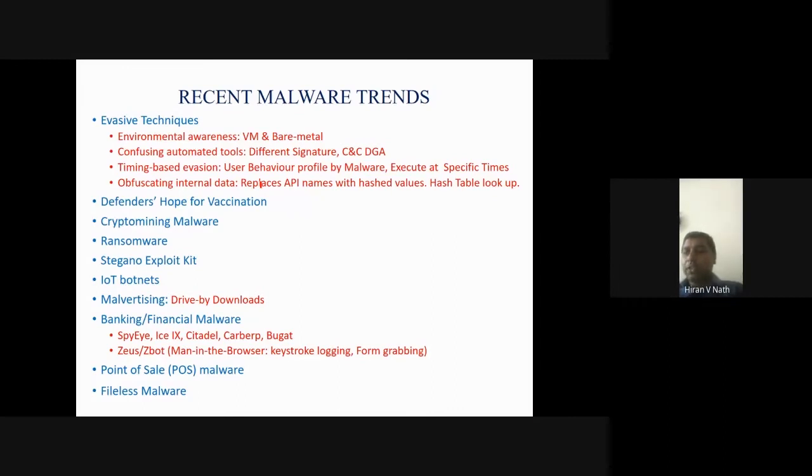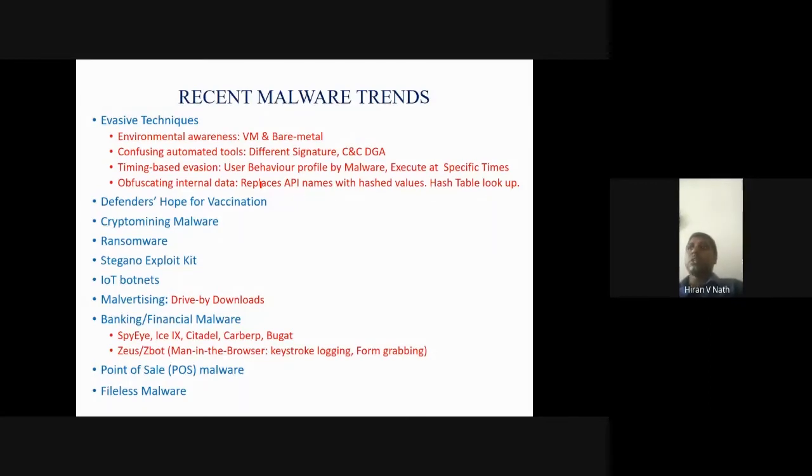Then the banking and financial malware, like Spy Eye, ICE; all these are banking and financial malware. And the Zeus bot, which acts like a man in the browser, starts grabbing your information, and it will do the transaction on your behalf to an account number which it sets. Then the point of sale malware, which is also currently an issue.